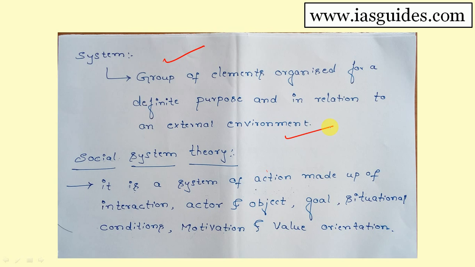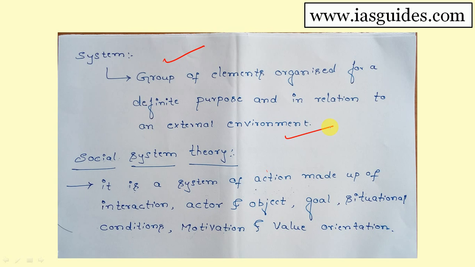It will also have subsystems; many subsystems will be there within a whole system, and the system will have a certain kind of relationship with the external environment. So society may be considered as a system. That is the characteristics of a system.